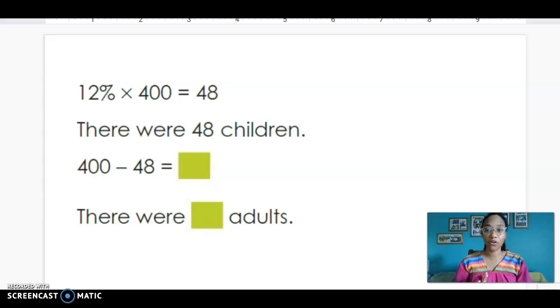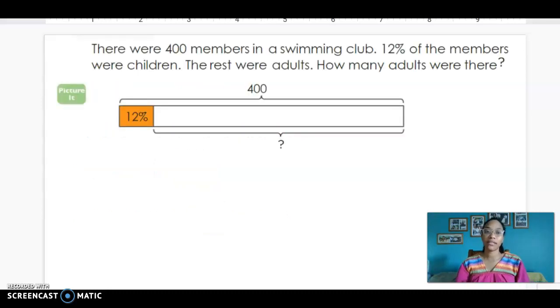There's another way we could have solved this. Back when we looked at this bar model, we decided to find the number of children first. But we could have decided to find the percent of adults first, and then use percent of a quantity to find the number of adults. If 12% of the members were children, then we know 88% of the members were adults.